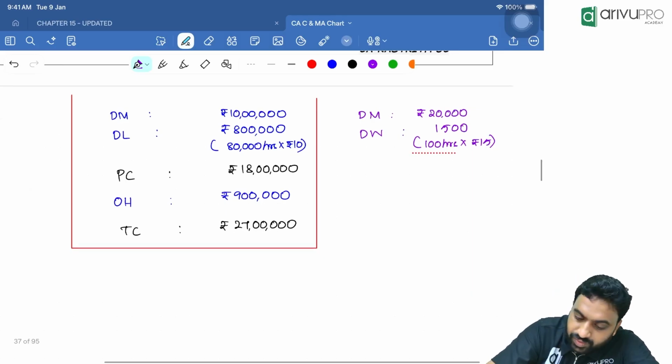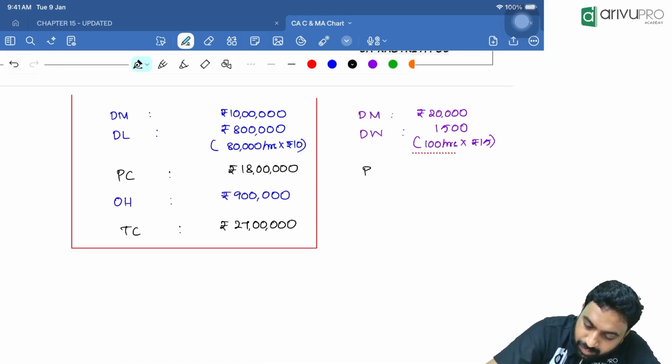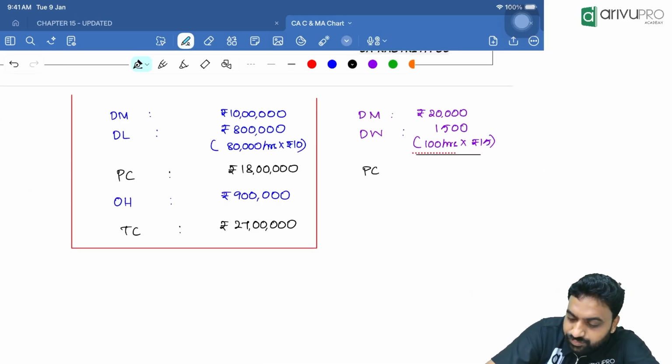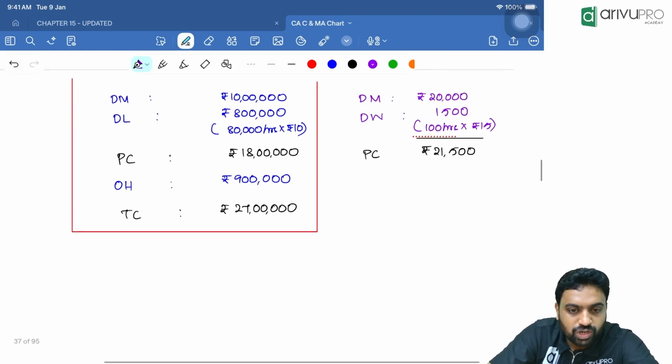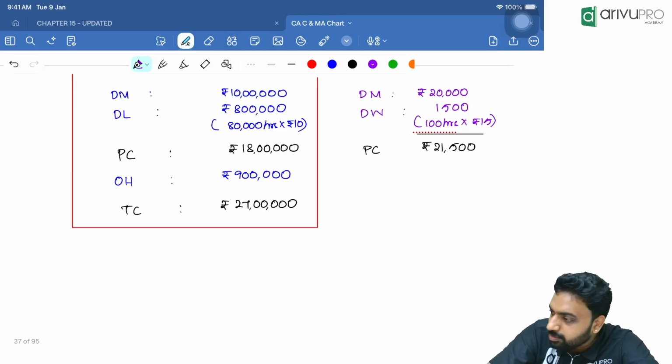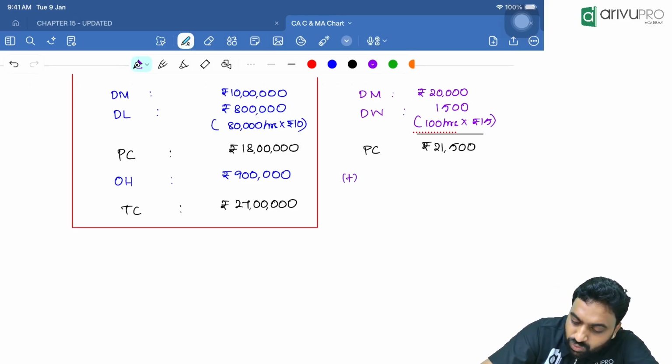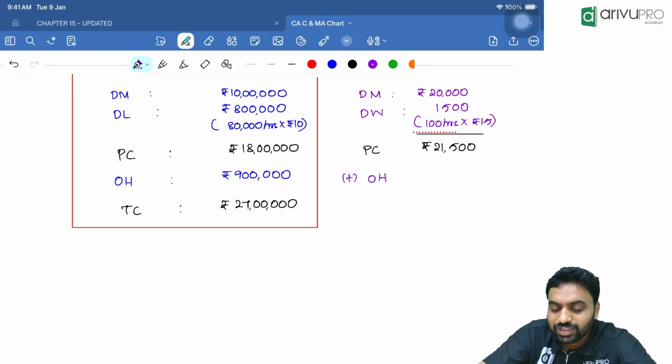Got it? That will give you prime cost. How much? 21,500. Now, as I already told you in job costing also, can I charge only prime cost to customers? No, I should recover my overhead also. But how much?